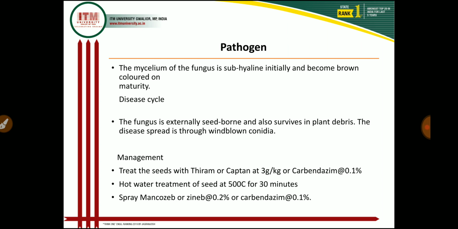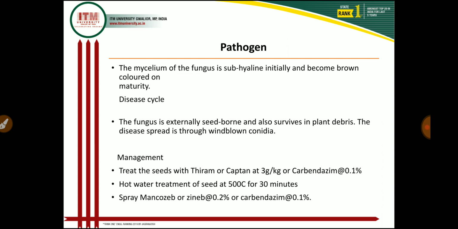In management practices, if we collect and destroy the infected plant debris, then we control this leaf blight disease in the safflower crop. And if we give seed treatment with Thiram or Captan at the rate of 3 gram per kg, or carbendazim at the rate of 0.1%, and also if we give hot water treatment of seed at 50 degrees centigrade for 30 minutes, by these we control the disease.